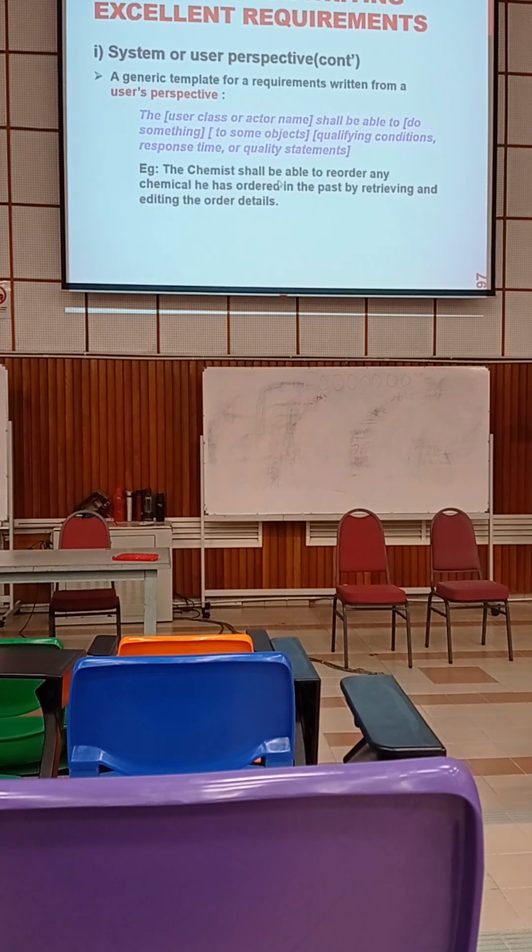The chemist shall be able to reorder any chemicals he has ordered in the past by retrieving and editing the order details. So user perspective, what the user performs on the system. How the system responds, system perspective. Clear? Okay, must show that very clearly, but shouldn't mix up both. Must group them, categorize them clearly.